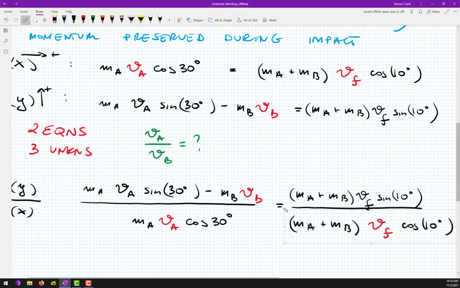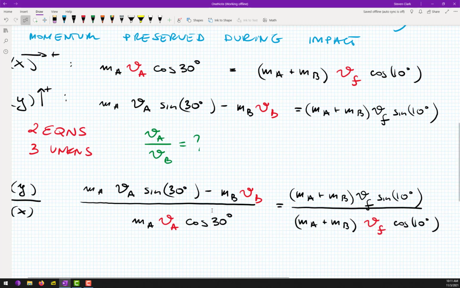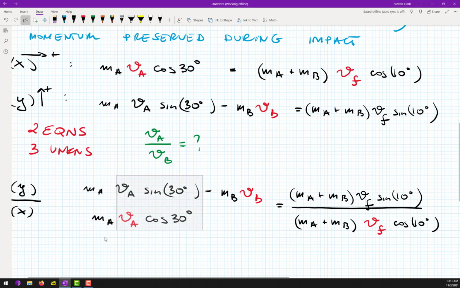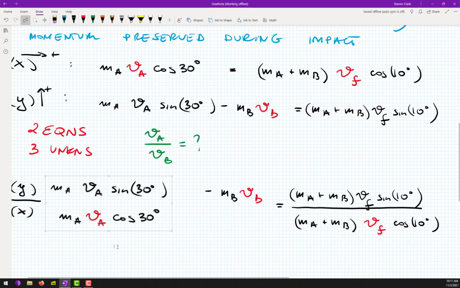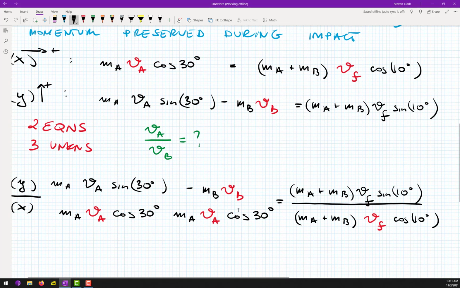I can even do it in a smarter way, because I can divide this into 2 fractions, right? I can do something like that. And I can copy the numerator as well. Okay. Wait a second.